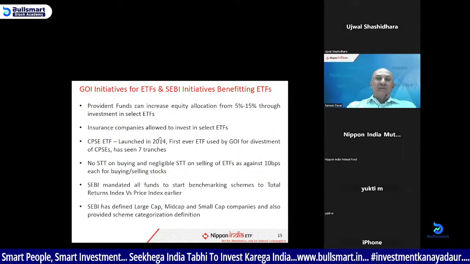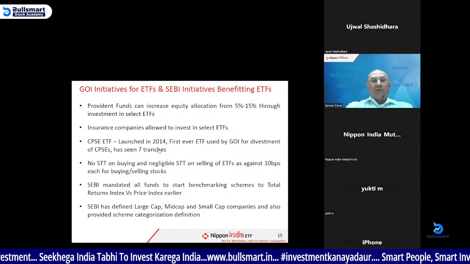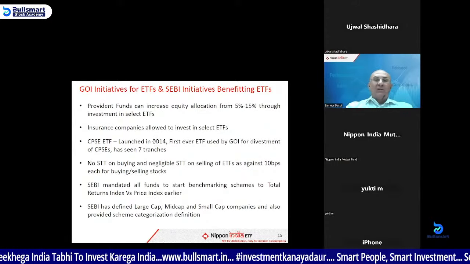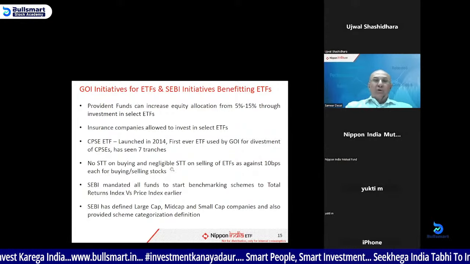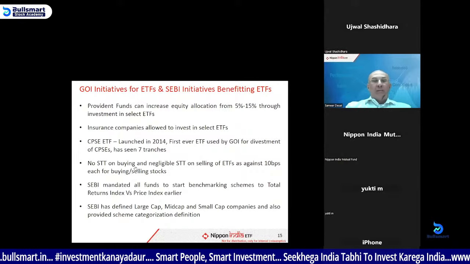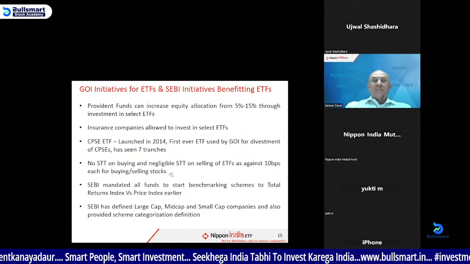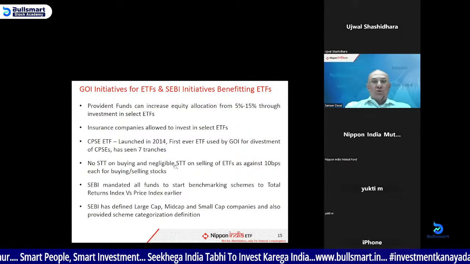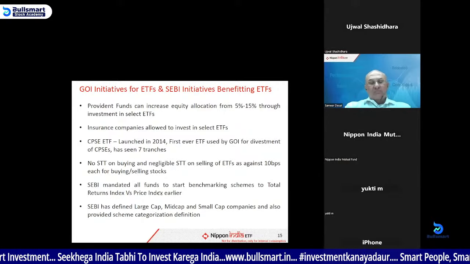This has been a very successful offering over a period of time, and a number of tranches have come after the initial offering in 2014. Also, to encourage ETF participation, the government abolished securities transaction tax on ETFs. So as compared to stocks, ETFs have negligible STT.